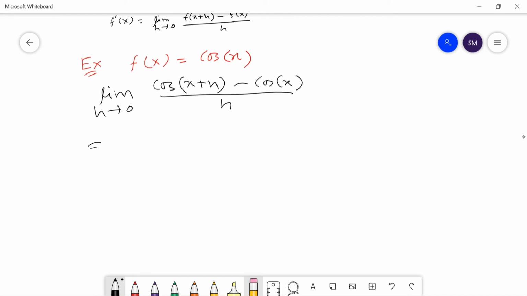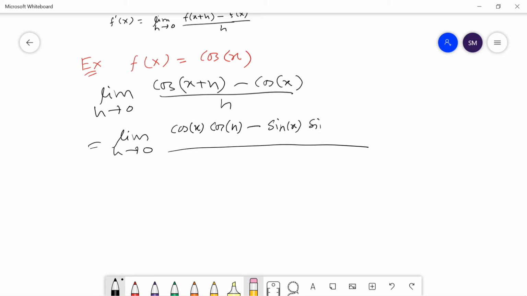So this is equal to limit h tends to 0, and cosine of a plus b will give me cosine x cosine h minus sin x sin h, minus cosine x, over h.